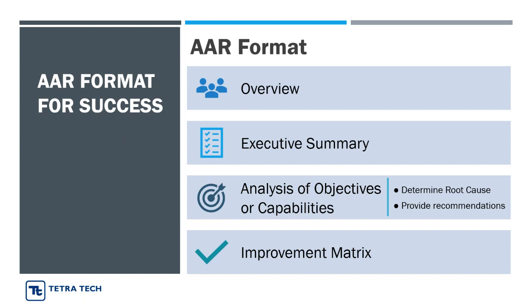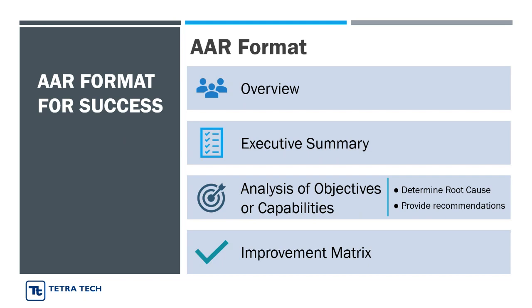And then we have the analysis of objectives or analysis of capabilities section. And this is where it can get lengthy, especially if you're in a science-based organization or science-based discipline that has a lot of data that needs to be handled.